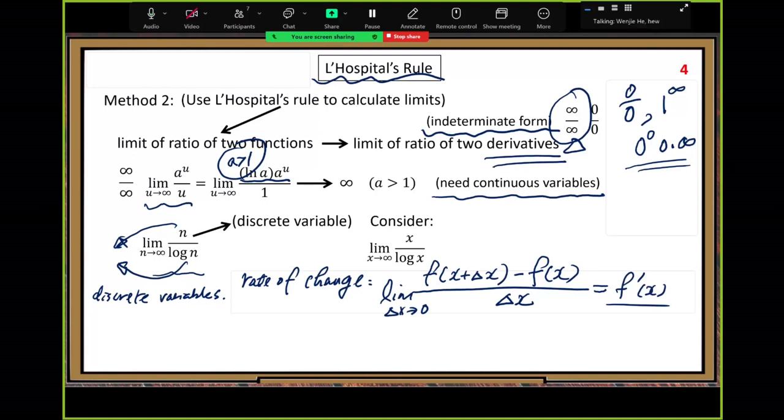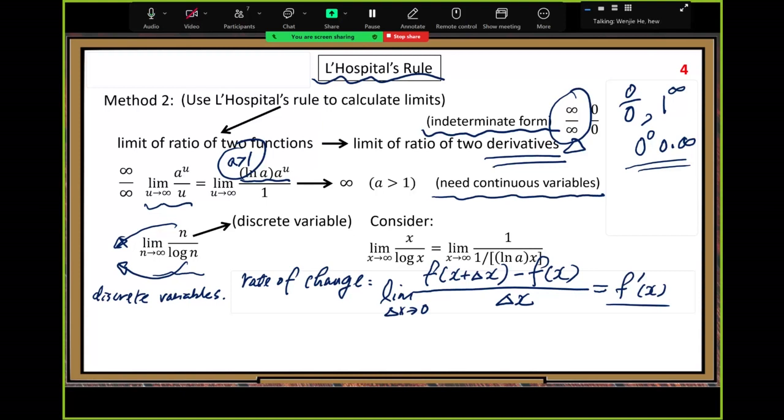After we switch to the continuous version, then we know their derivatives exist. So it's legal, we can take derivatives. We can apply L'Hopital's rule. So then we take the derivative. For the numerator, the derivative is what?